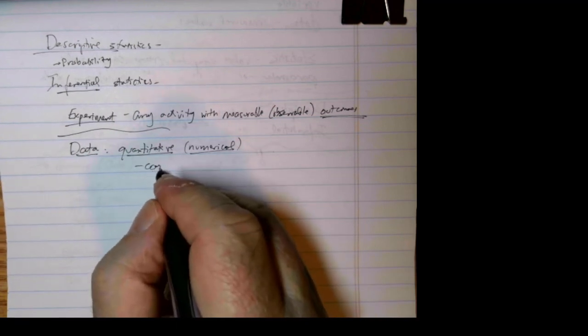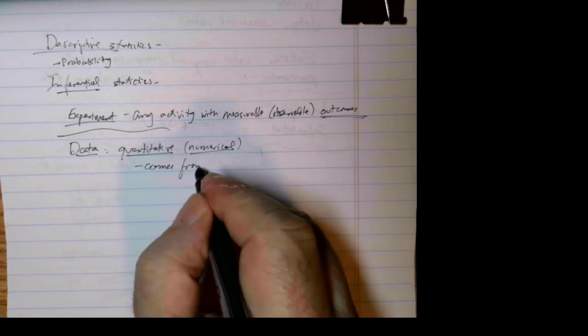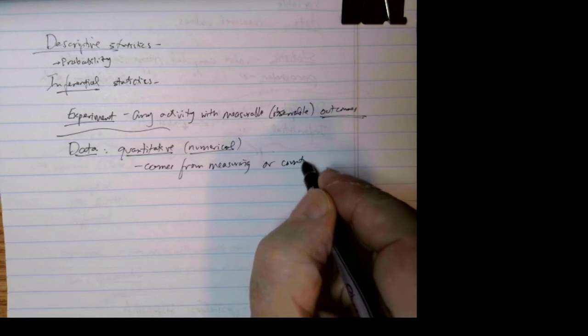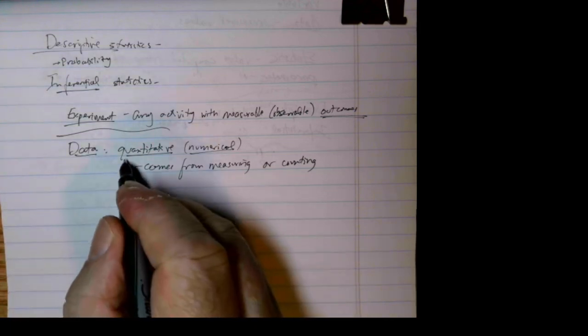This is data that comes from measuring or counting something, so it'll always be numbers. It has to arise from measuring or counting, and you can usually do arithmetic with it. It makes sense to do arithmetic on it. I'll talk about that more in just a second.